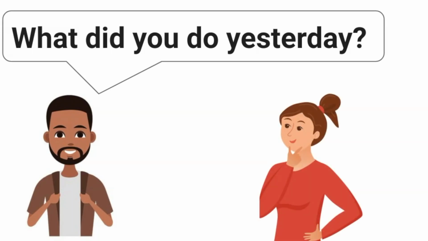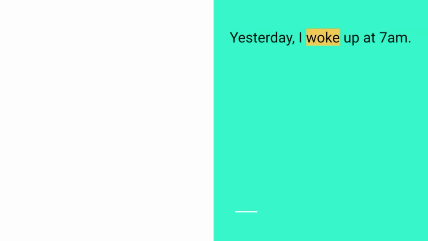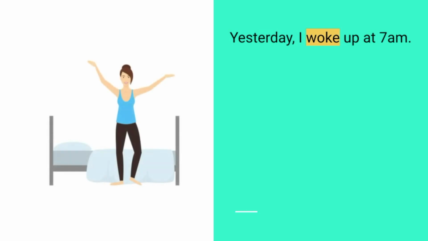Let's look at an example. Stephanie is going to tell us what she did yesterday. In the story, the past tense words will be highlighted in yellow. Yesterday, I woke up at 7 a.m. I drank my coffee.